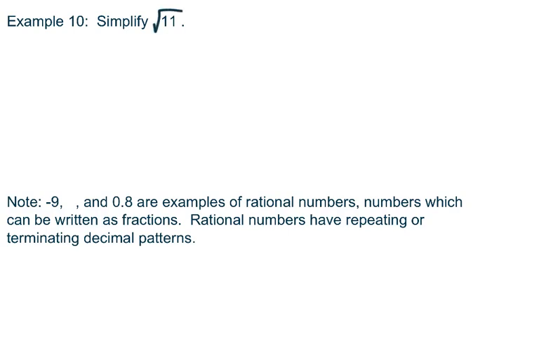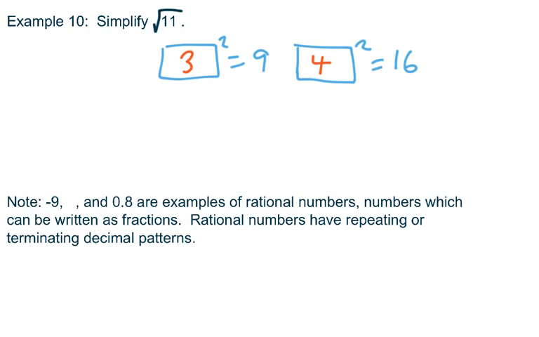If I put a 3 in there, 3 squared would give me 9. That's too small. If I put a 4 in there, 4 squared is 16. That's too big. It does seem like there should be something between 3 and 4 that when you square it you get 11, but what it is is hard to say.